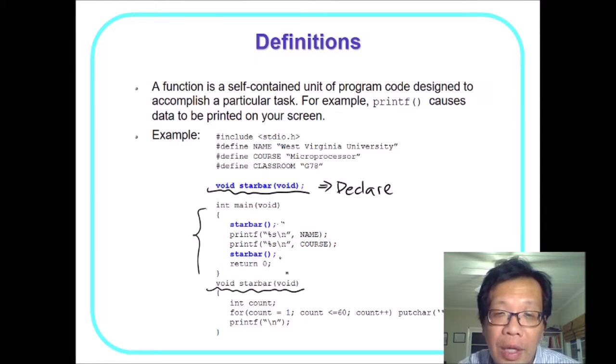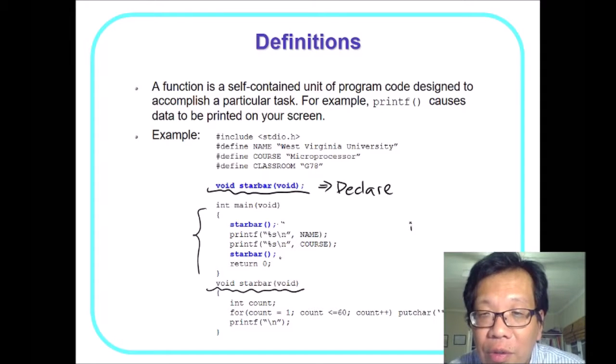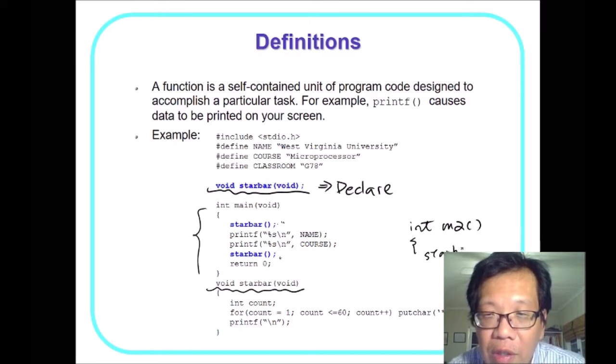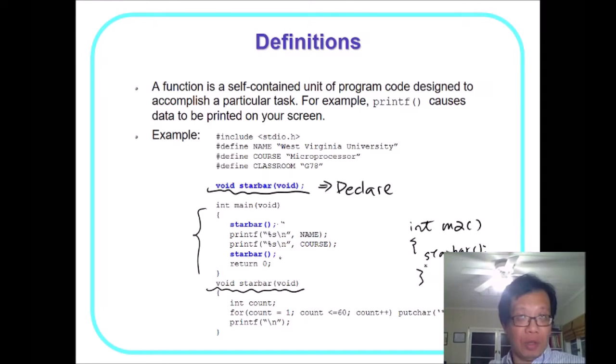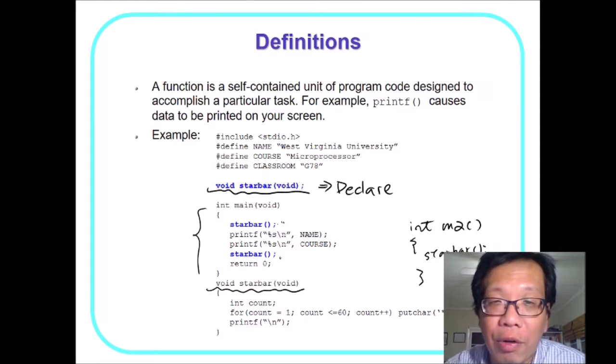So if it is called within the main function, if I have another function I want to use here, I can do it because it has been open to every function we have in the program.